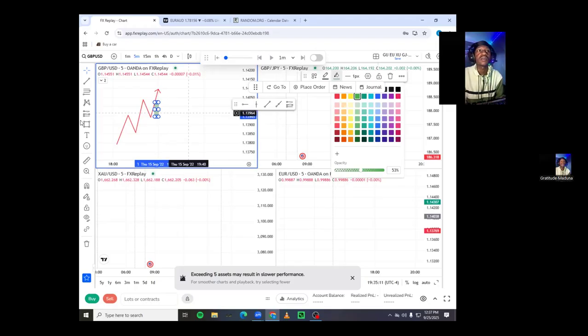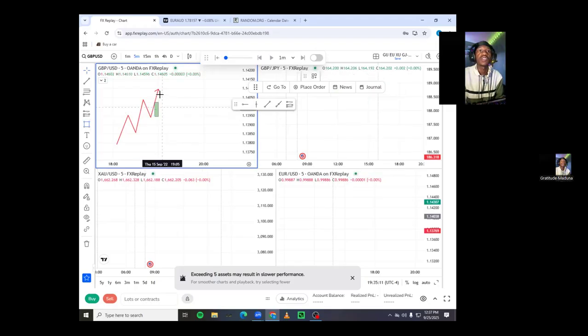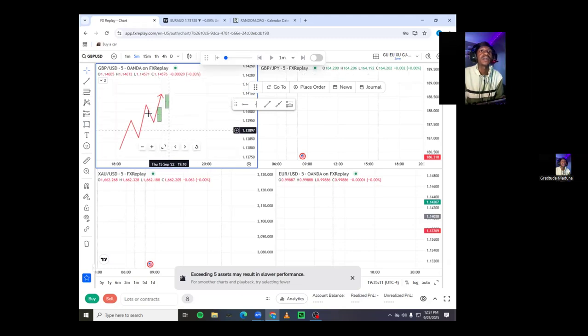So let's just say we have this big move here pushing. As we're pushing up, there's a few candlesticks, maybe a red candlestick, that came down. Like maybe this was the red one.